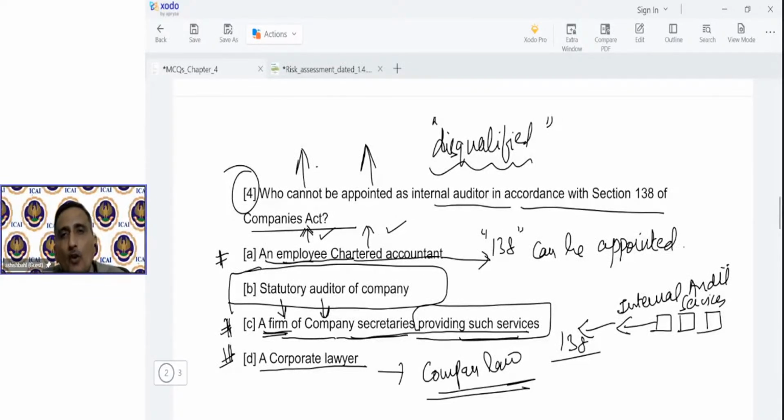Or if you know the answer directly, then just by seeing, you can know that statutory auditor and internal auditor are two contradictory things. A statutory auditor cannot do internal audit.